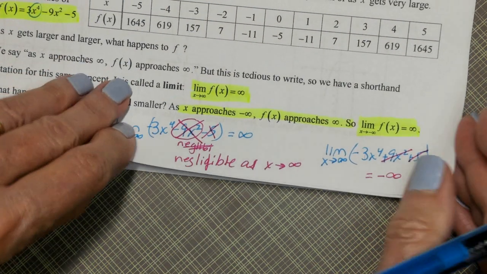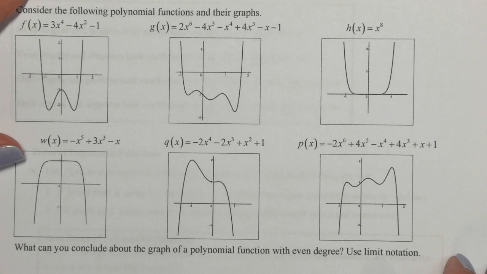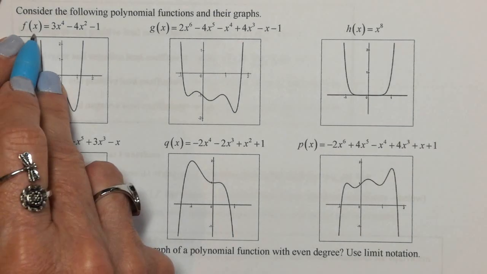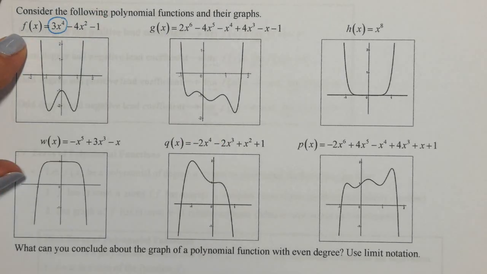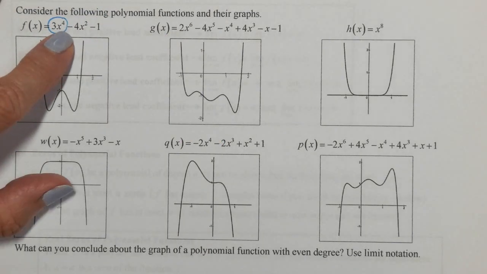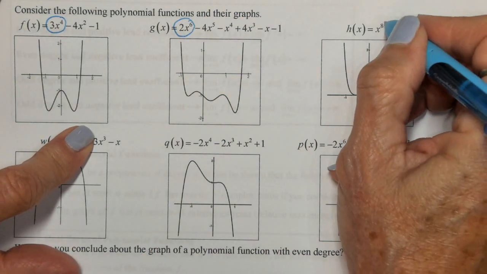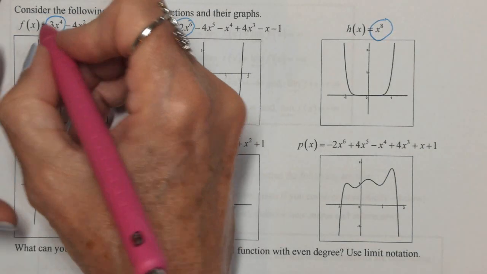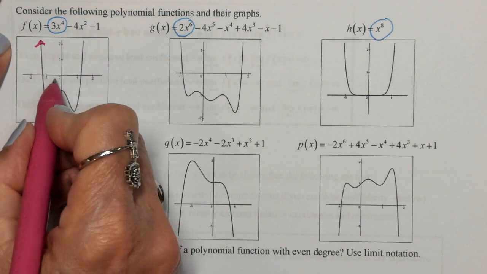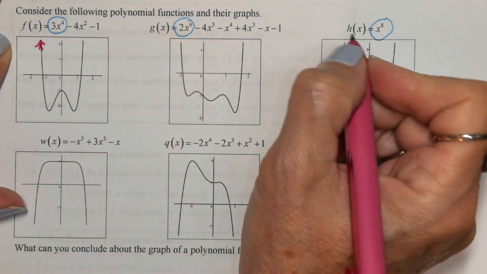Let's take a look at some graphs. Let's consider these polynomial functions and their graphs. This function has its highest degree term as 3x to the fourth. This is 2x to the sixth. This is x to the eighth. And we see that as x approaches negative infinity from the left, we are definitely up here going to infinity.